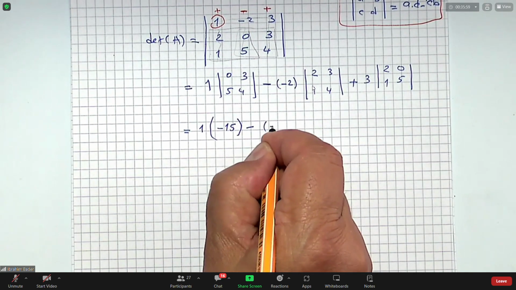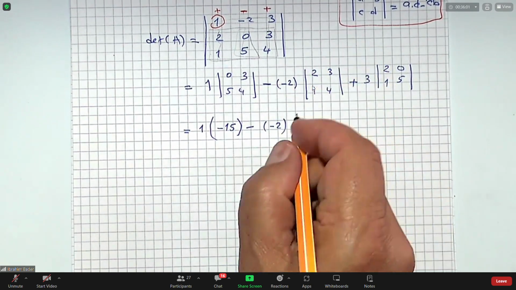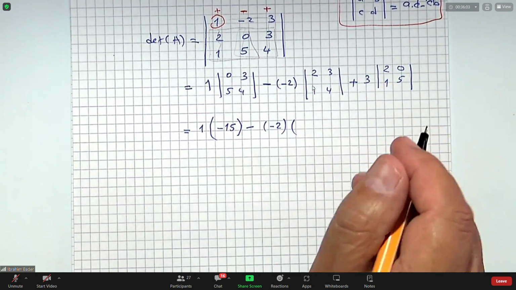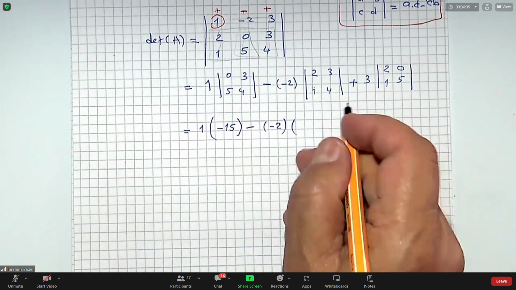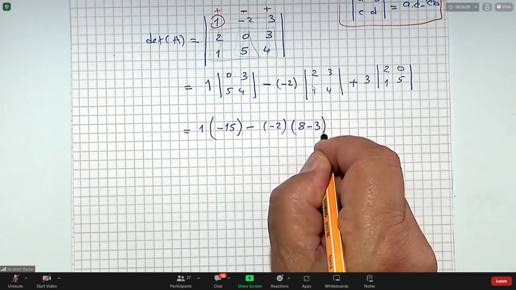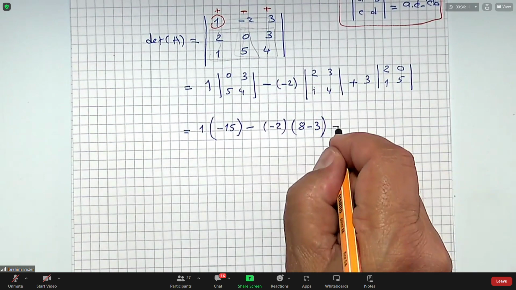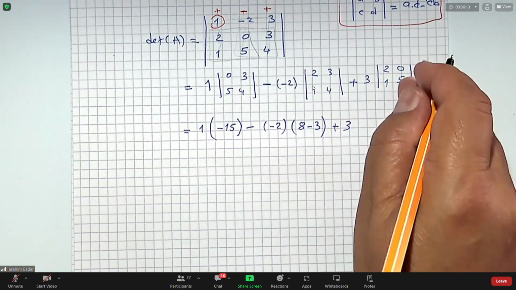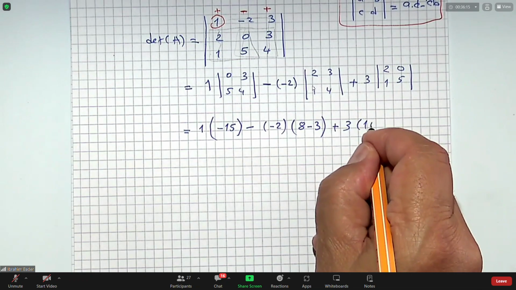Minus here the minus 2, it's going to be expanded for this one, so that's why I advise you to use parentheses. So this is 8 minus 3, right? Plus 3 times, again here I have 10 minus 0, which is 10.